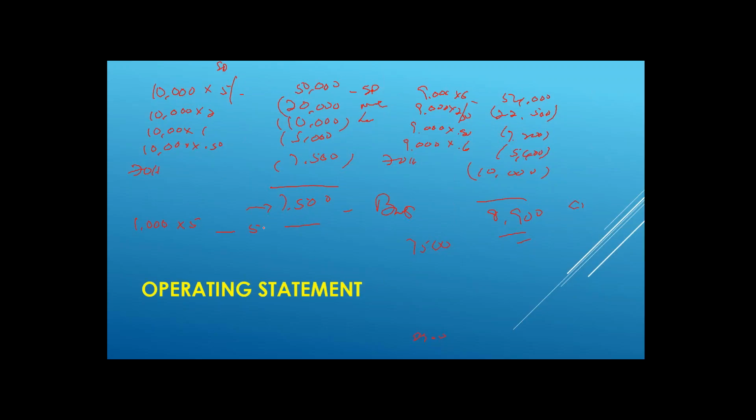So we have a 5,000 adverse variance arising due to the sales volume. We were supposed to sell 10,000. We sold 9,000. So there's an adverse variance of 1,000 units, and at the standard rate that came to a 5,000 adverse variance. So we can explain straight away, due to our sales not happening, we have lost 5,000.